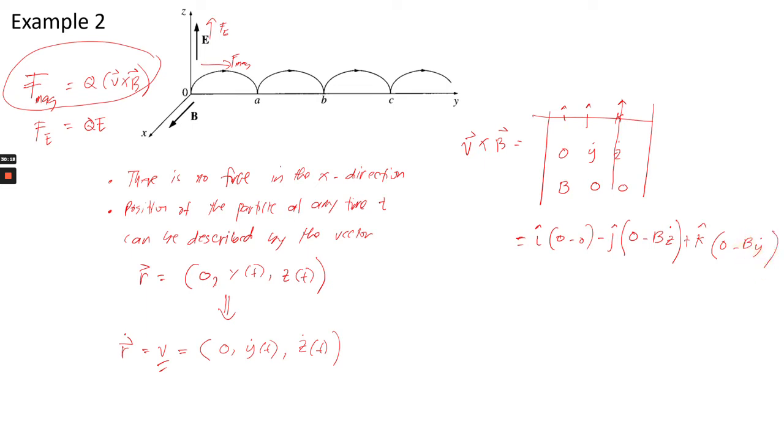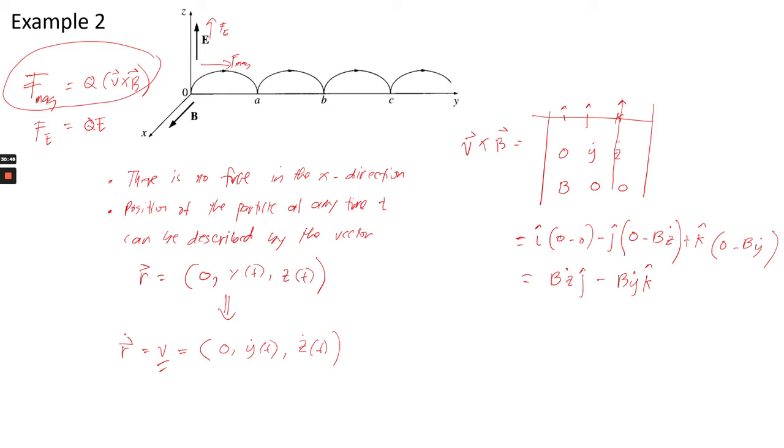Okay? So simplify this one. You get a positive here. So you have B z dot j hat minus B y dot k hat. Okay, so that's your v cross B.